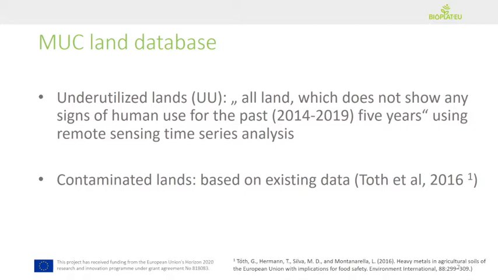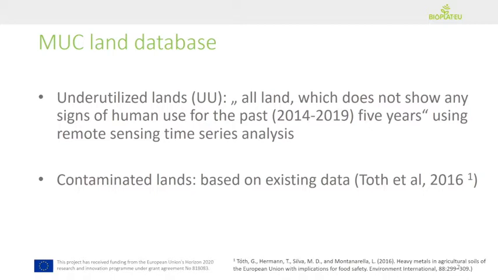In our case, when we started this analysis in 2019, this means that in these areas we could not identify any signs of human use through satellite data, and I will show how this is done a bit later, from 2015 to 2019.